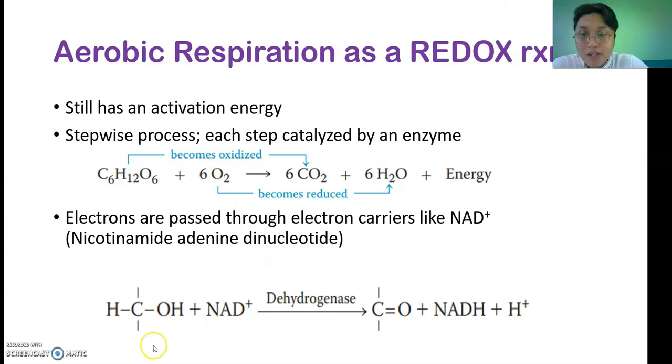For example, you have an alcohol that is oxidized, because it gained an oxygen bond, from a C single bond becoming a C double bond. This is an oxidation reaction. In turn, NAD+ is reduced to NADH. NAD+ is the oxidized form and NADH is the reduced form, with the aid of the enzyme dehydrogenase.